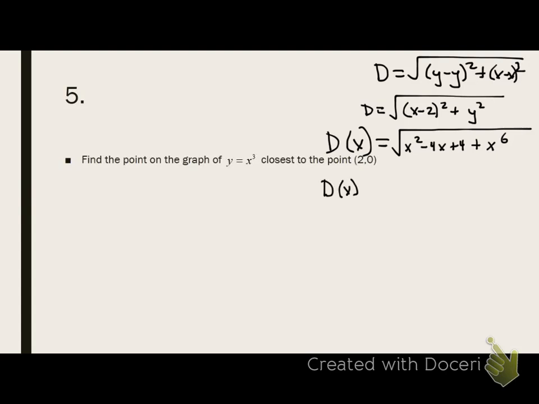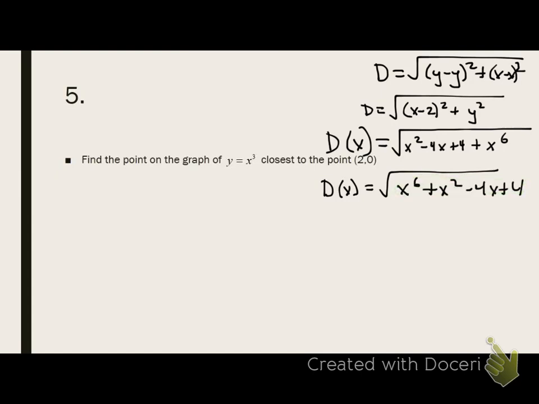Let's just simplify still. So let's set that square root. How about I'm just going to rewrite it as x to the 6 plus x squared minus 4x plus 4. I know I'm being a little bit meticulous here. Now, what I'm highlighting is what we're going to just take the derivative of.